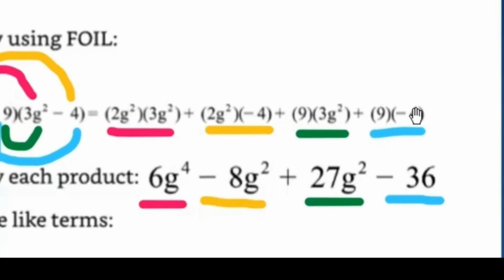Then you move on to your final term in your expression. 9 times 4 is 36, but it's a negative 4. So we know that when you multiply a positive number by a negative number, the negative number dominates. So 9 times 4 gives you negative 36.